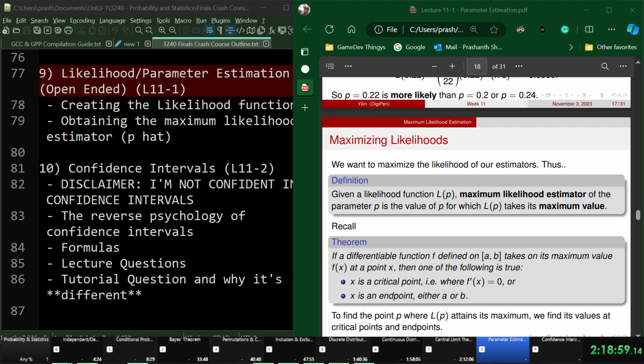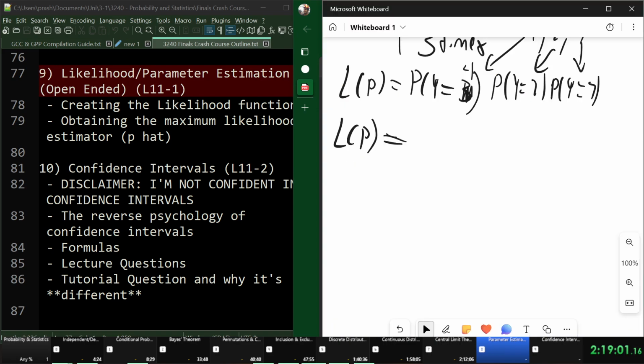We want to find out the maximum value of p for which this observation that we saw would happen. And that involves finding the maximum value of this function. And how do you find the maximum value? This goes back to calculus. This is where you have a function, differentiate it to find the critical points, and then from the critical points you sub them in and check which one is actually the maximum. That's precisely what we're doing here.